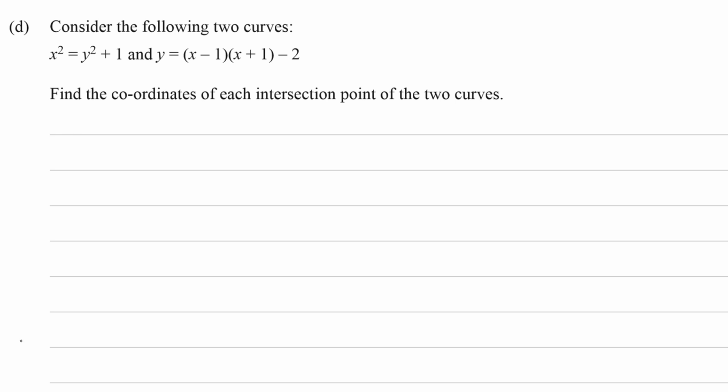But before we get there, I will just expand and simplify this quadratic. x squared plus x minus 1 minus 2. So the plus x and the minus x will cancel, and then we're left with minus 1 minus 2 to give us minus 3. So that's just expanding and simplifying that quadratic equation.